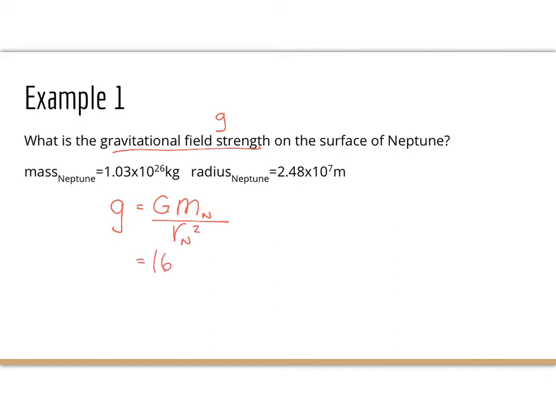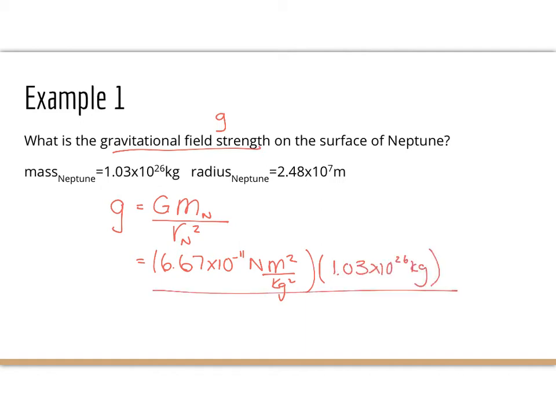So 6.67 times 10 to the negative 11 newton meters squared per kilogram squared, times the mass of Neptune, which was 1.03 times 10 to the 26 kilograms, all divided by the radius of Neptune, 2.48 times 10 to the 7 meters, squared. This ends up being 11.2 meters per second squared.